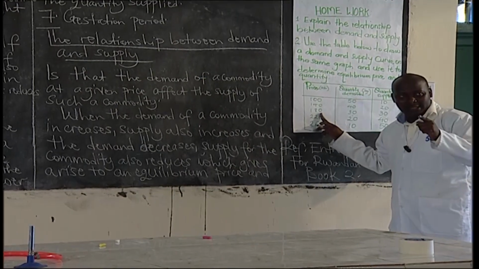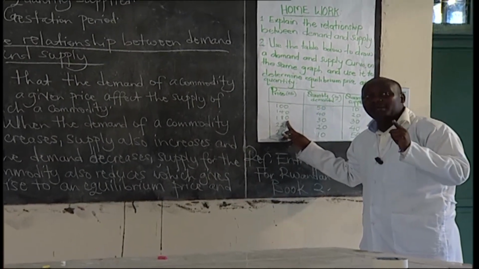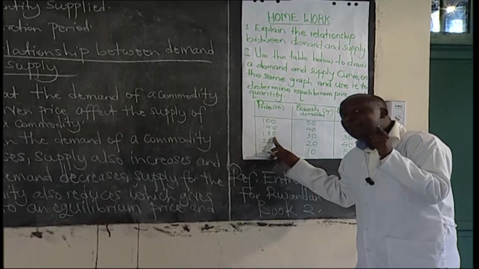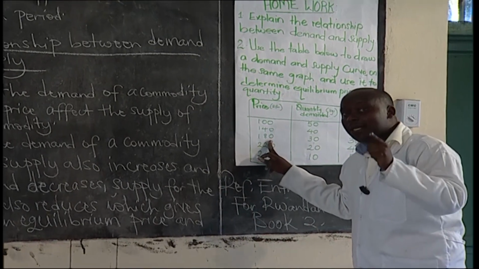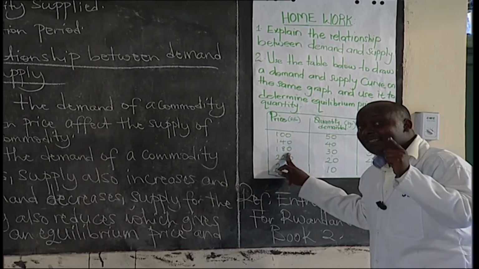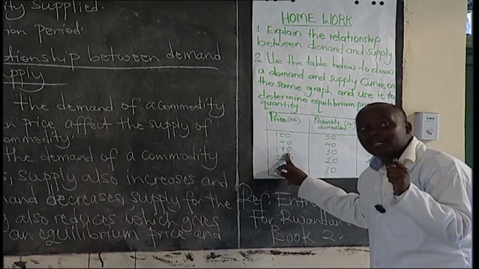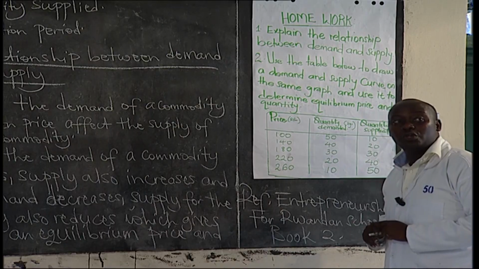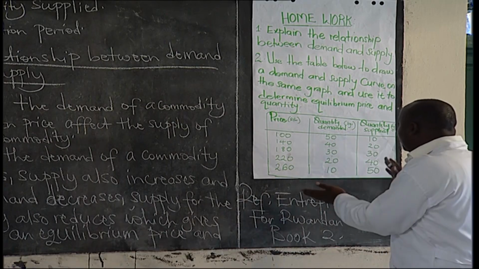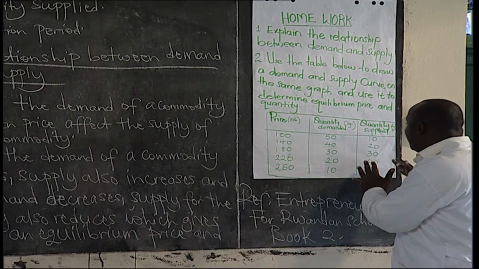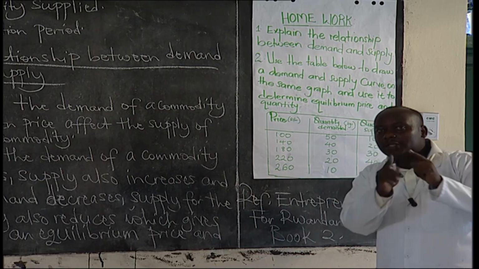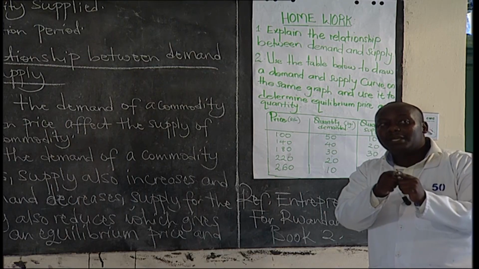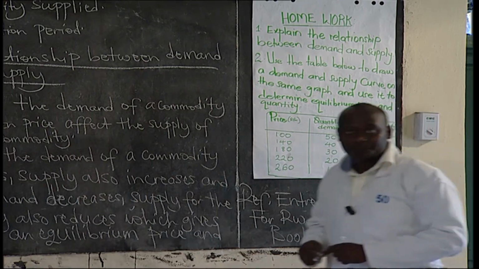Remember, learners, the equilibrium quantity is determined at the horizontal, and the equilibrium price is determined at the vertical. And equilibrium price is a price determined at a point where demand is equal to supply. You have to look at the quantities and see where demand is equal to supply so that you are able to determine the equilibrium price.